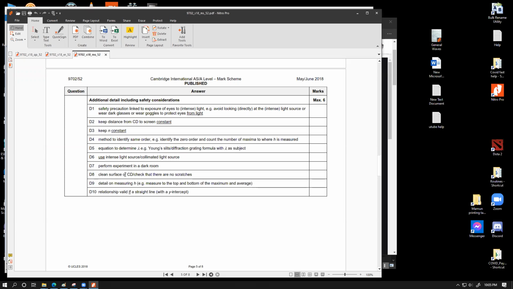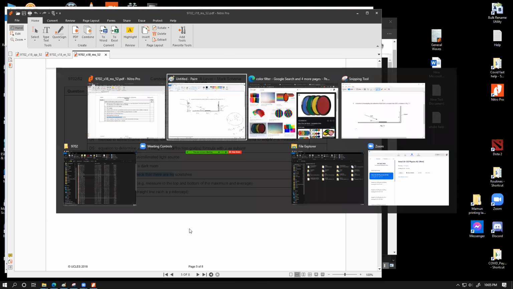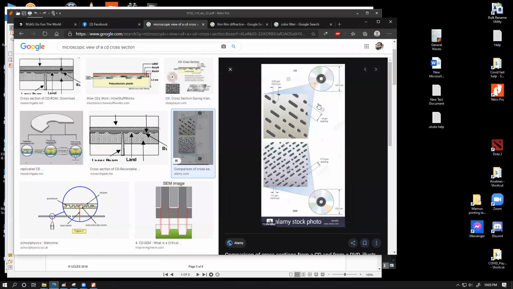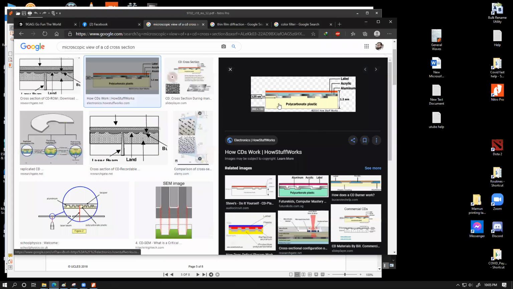This is a good point, which I forgot to mention. What would happen if this were not done? We want the variation of the path differences to be created from the slight variation of the CD surface underneath the polycarbonate plastic, which is the basic structural transparent plastic.